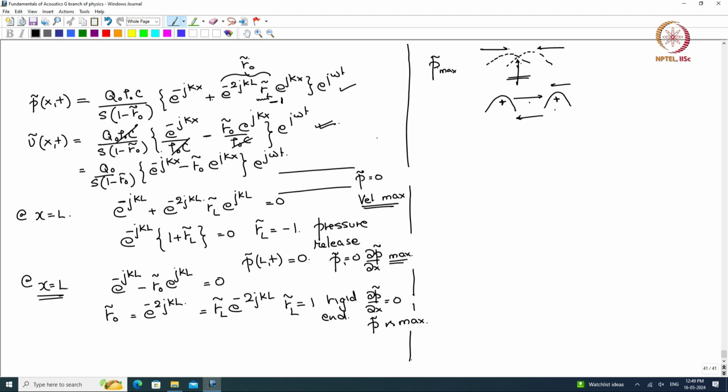So these two velocities combine and give a velocity of 0. So where you have a pressure maximum, there you have 0 velocity, and vice versa. Even by the rigid condition, a rigid-ended pipe means the velocity is 0.